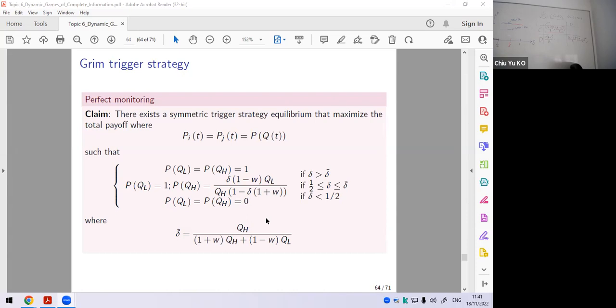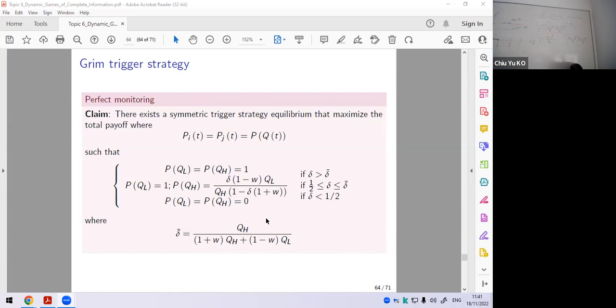Why is this the case here? Same idea. You have to reduce the collaboration benefit. If you're in the bad state, it's already low, so you don't have to worry about it. If you are in the good state, then you cannot be that good. If you're that good, then you deviate. So the idea is to make sure that the deviation gain is not that much. Is that clear? The same intuition as we had there.